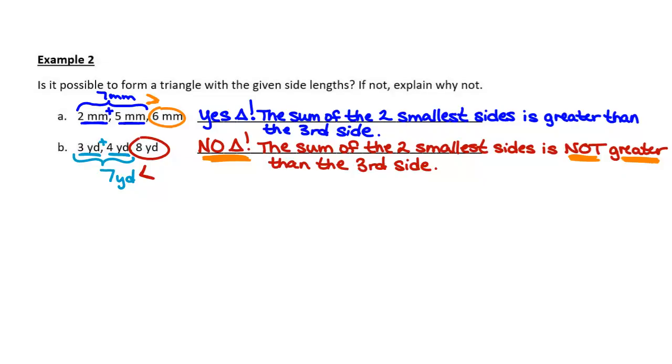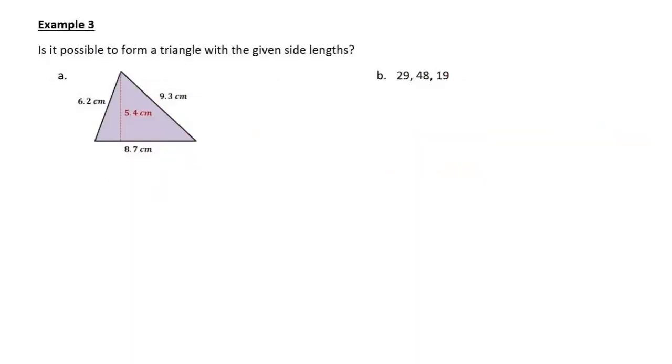All right, let's go ahead and flip the page. On your homework, that by the way is due on Monday, but you should be able to get it done before you leave for the weekend because we're almost done with this lesson. On the homework, you have questions that are kind of like example number 3.